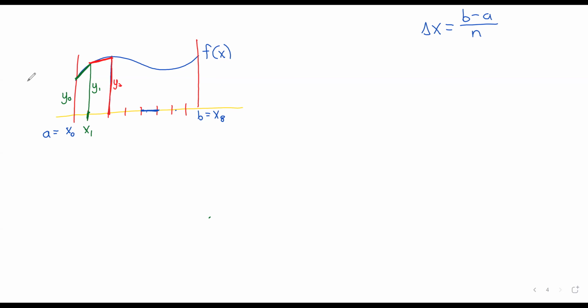And with this, I'll stop, but this height at x3 we call y3, and so on. So let's find the areas of those first three trapezoids, and let's see if a pattern emerges.